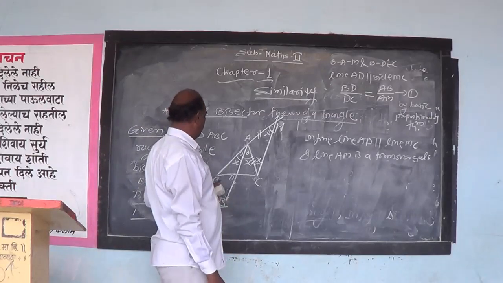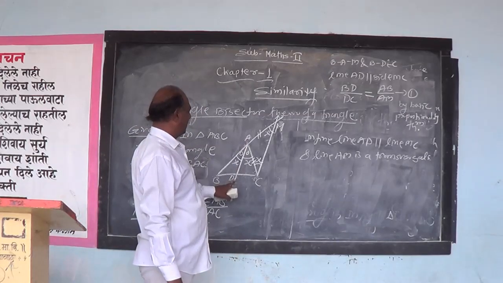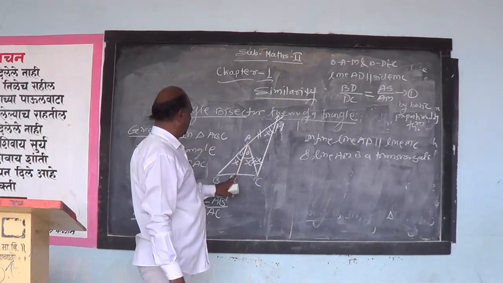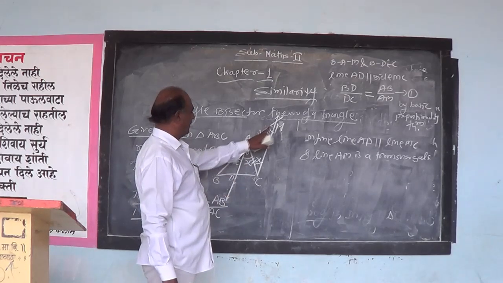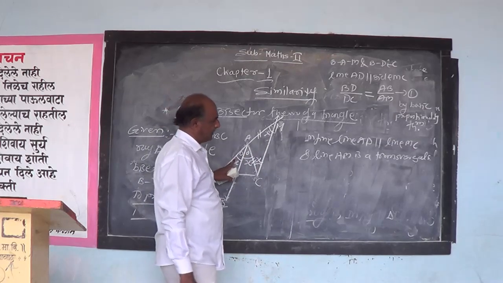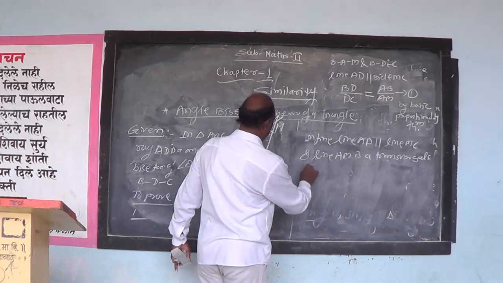And therefore, forming angle BAD and angle AMC, these are corresponding angles. Corresponding angles are congruent.